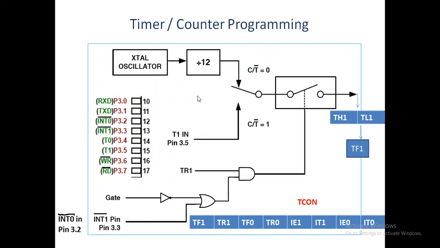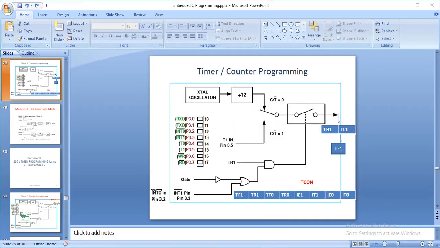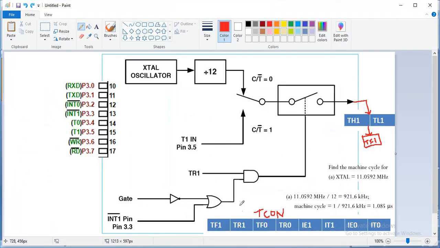Here is the diagram which is going to explain timer and counter programming in detail. I opened this diagram in Paint so I can mark very important points. First, the M0 and M1, which are used for mode selection, which mode you want to operate. Based on that mode selection you can work.